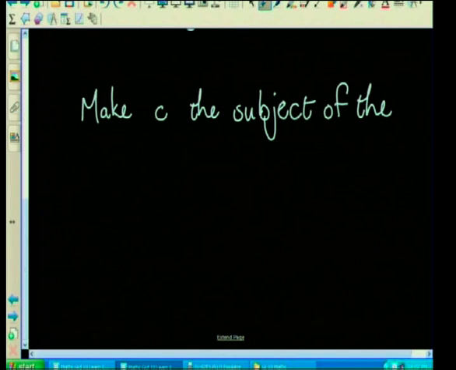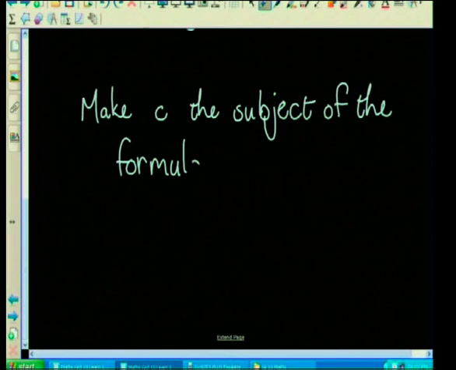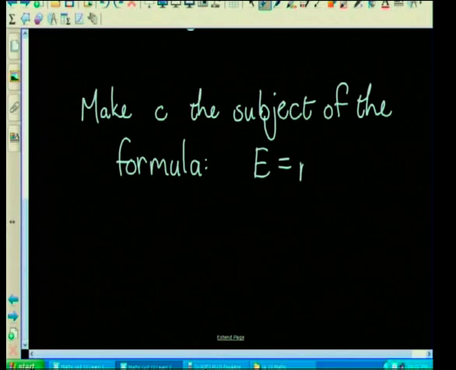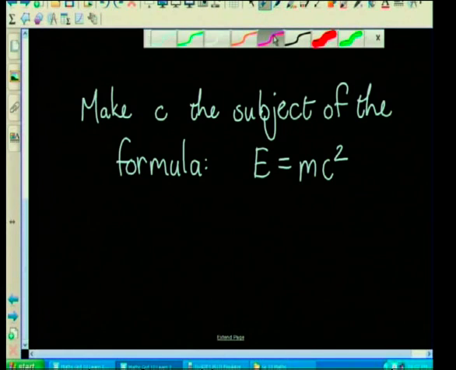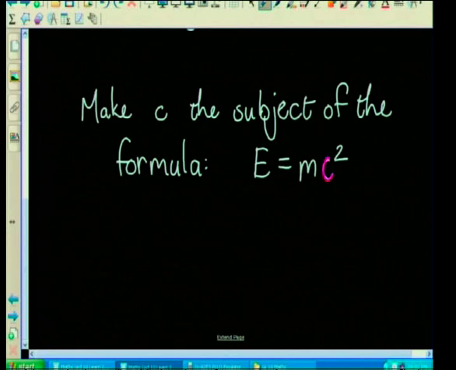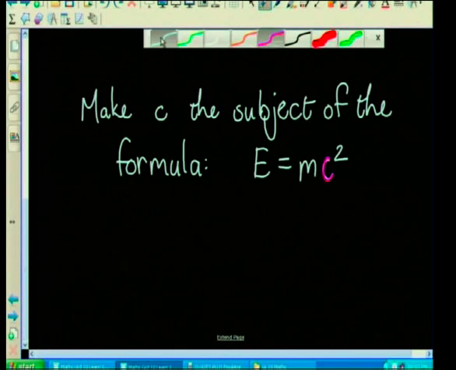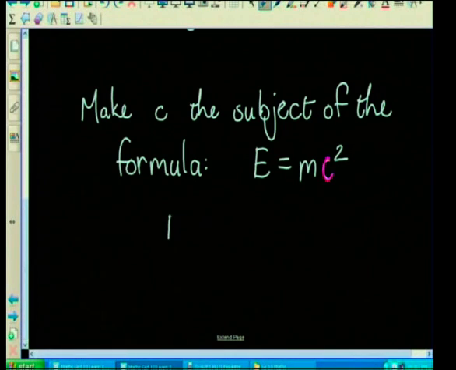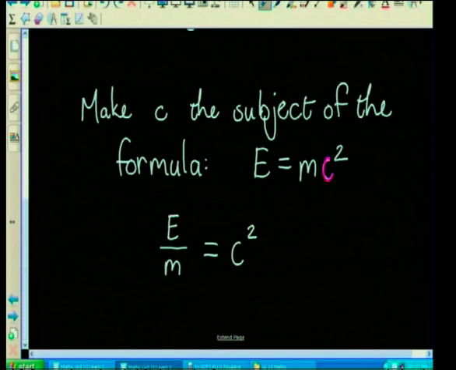Now this will be more difficult because C is actually squared, and we don't want C squared as an answer, we want C. The original formula was E is equal to MC squared, and we just want the C. So what's the first thing we're going to do? Well, we're going to get rid of the M, and the way we get rid of the M is dividing both sides by M, leaving us with E divided by M is equal to C squared.